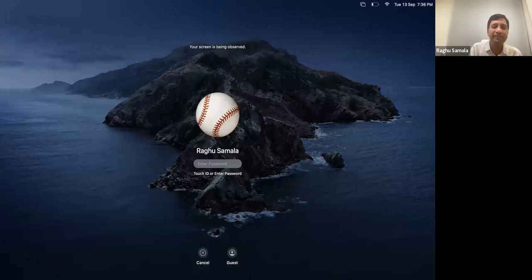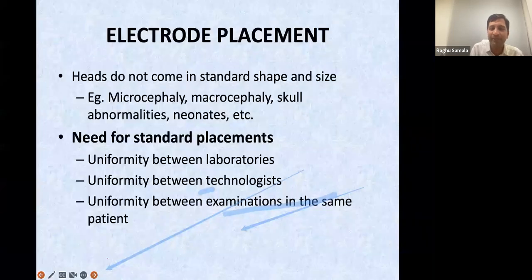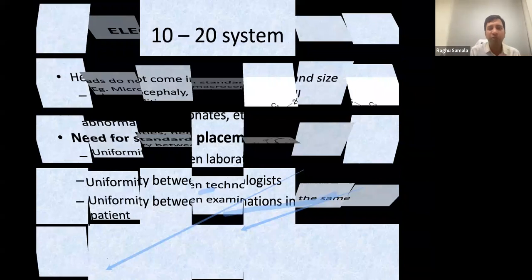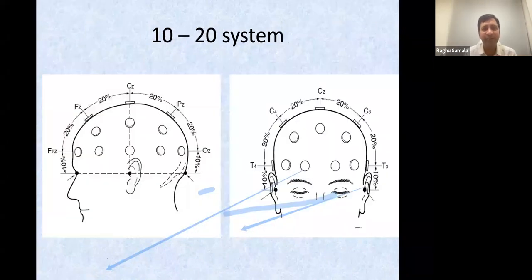Uniformity between technologists and between examinations in the same patient will help if we have standardization. Here you can see measuring the distance between. So what is the concept of the 10-20 system?